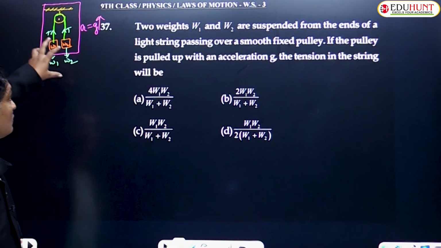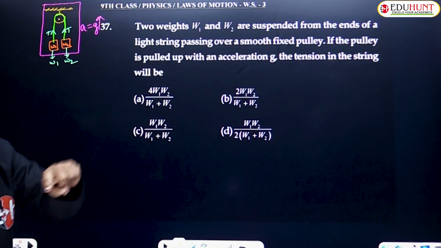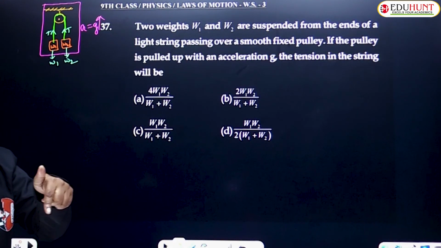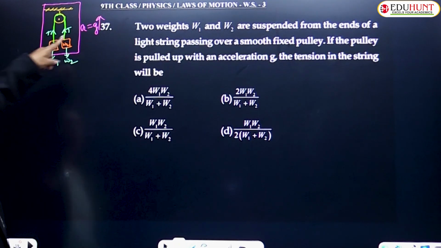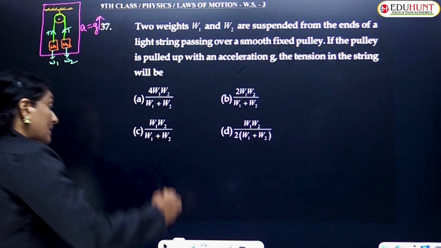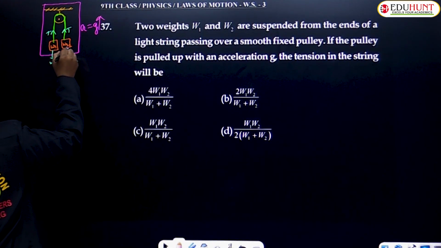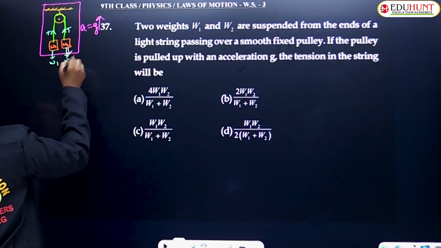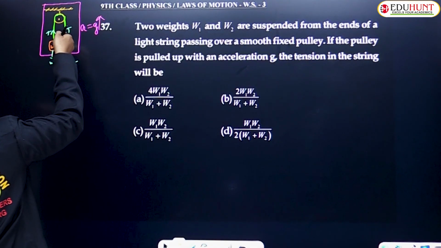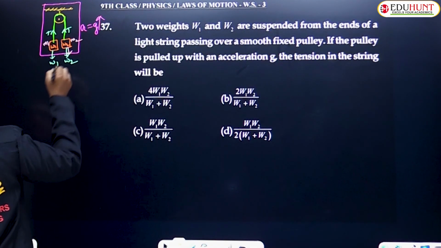But when the complete pulley is pulled upwards, there must be some pseudo force acting in the opposite direction, with the same amount of acceleration, that is g. Because of that pseudo force, let us suppose the mass of this is m2 and the mass of this is m1.